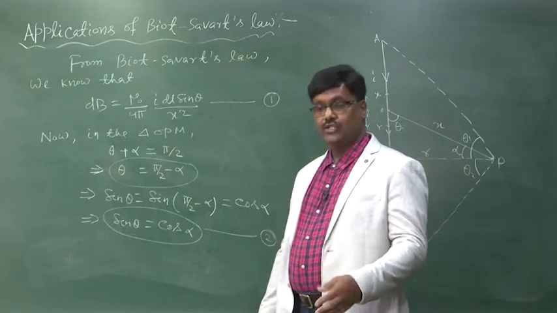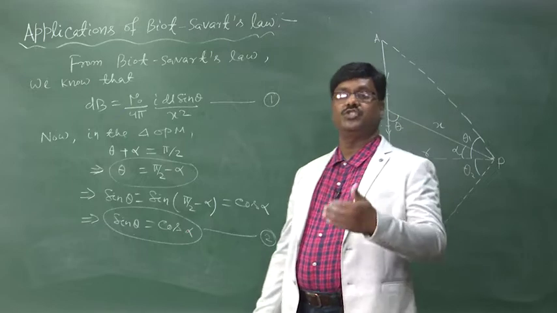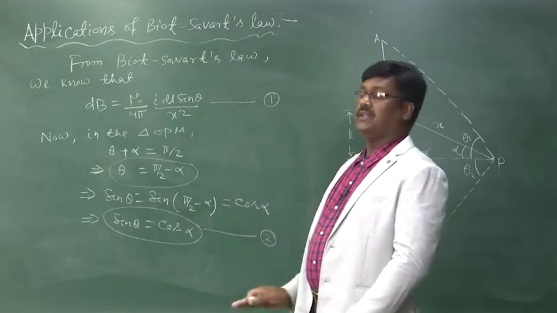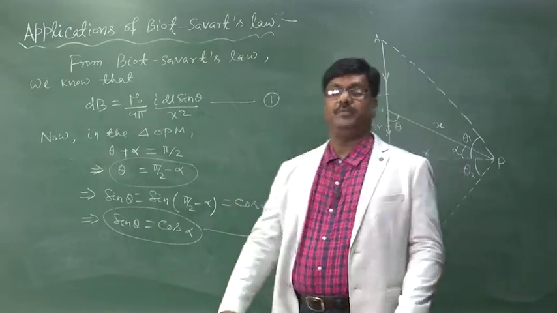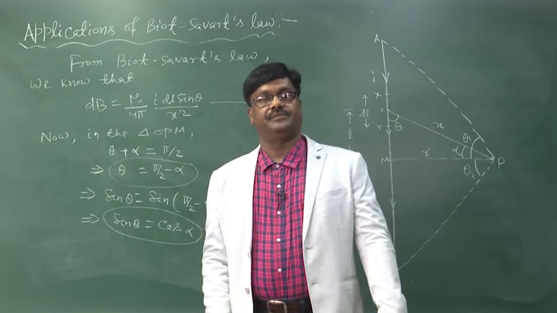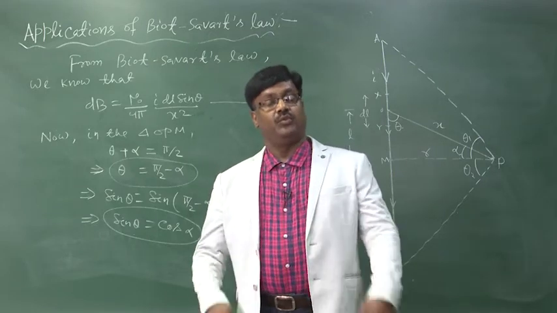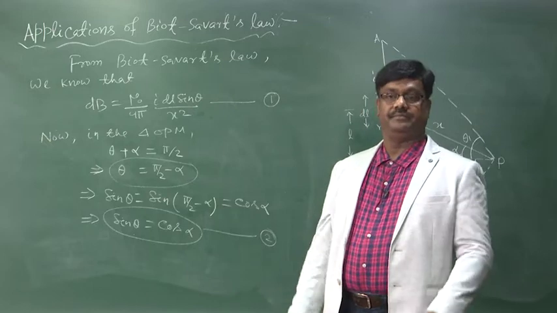With which variable do we have to integrate this equation? There are many methods to solve this long straight conductor problem using Biot-Savart's law, and we will adopt one of them.